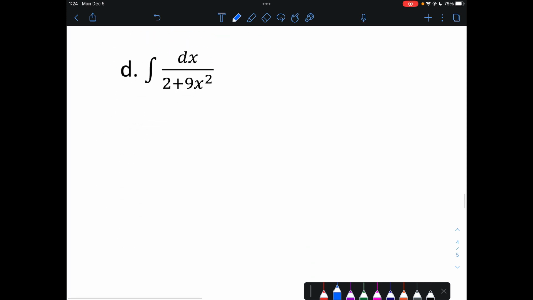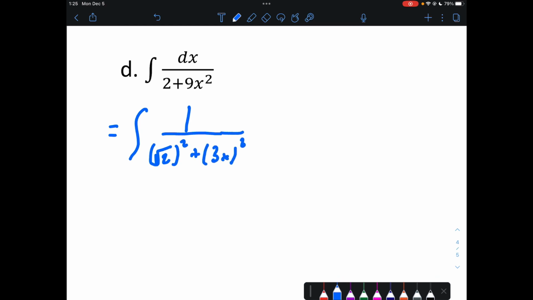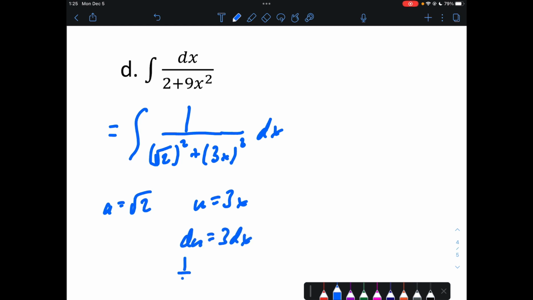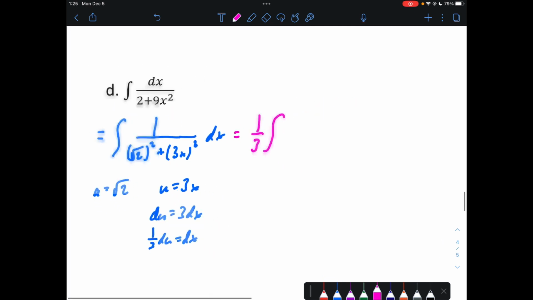Okay, and the last one. Hopefully we can think of this as 1 over root 2 squared plus 3x squared dx, where a is root 2 and u is 3x. So then du equals 3 dx and 1/3 du equals dx. So now I can write this as 1/3 antiderivative of 1 over root 2 squared plus u squared du.